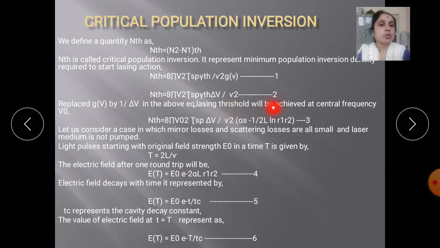The lasing threshold condition is achieved at the central frequency v0, so N_th is equal to 8 pi v0 squared times t spontaneous delta v by v squared, in brackets alpha minus 1 by 2L times ln of R1 R2, where L is the length between the two mirrors.